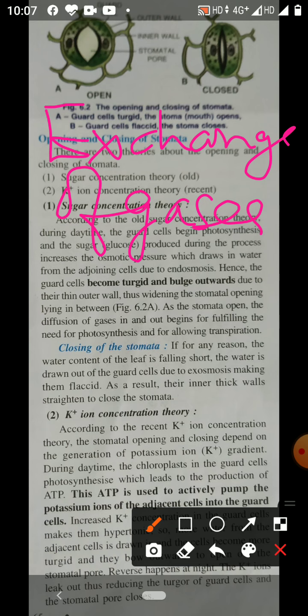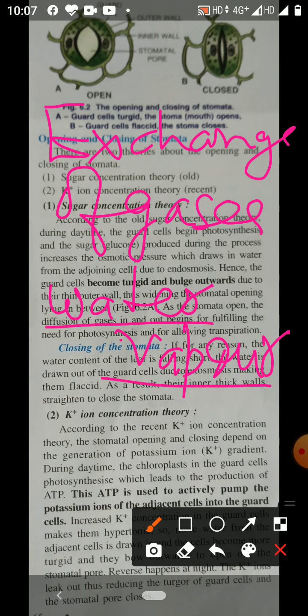Besides this, excess water in the form of water vapor also comes out through the stomata. When water in the form of water vapor comes out through the stomata, that is stomatal transpiration.